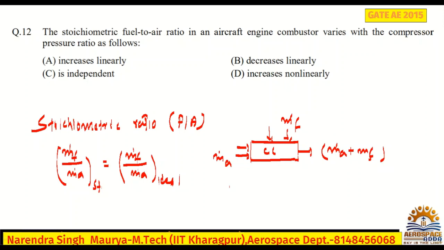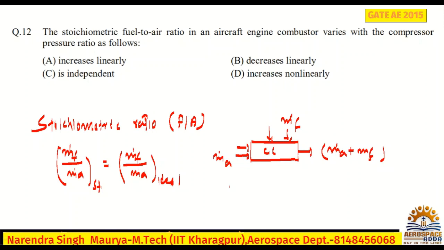Because whatever fuel you are burning, that thermal energy you are going to convert into kinetic energy in the turbine as well as in the nozzle. So the proper mixing of the amount of fuel and amount of air should be the optimization condition. That proper ratio of fuel and air is also called ideal.